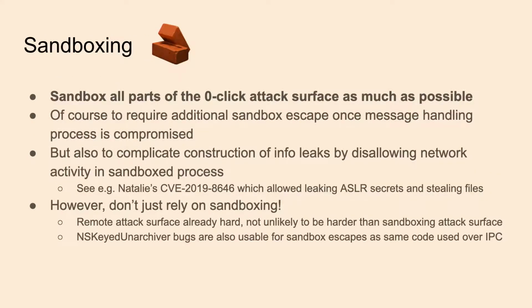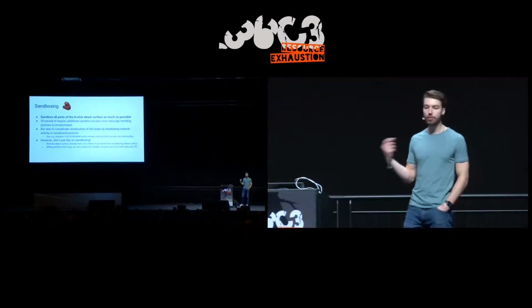Okay, sandboxing, another thing. It's probably obvious, right? So everything that's on zero-click attack surface should be sandboxed as much as possible. Of course, to require the attacker to do another full exploit after getting code execution. But sandboxing can also complicate information leaks.